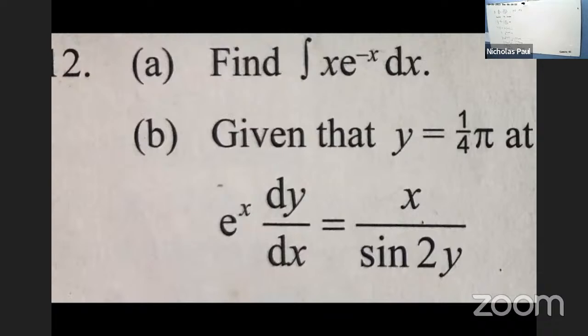The first part is integration by parts, and it's supposed to help you with the next part. Supposed to. All right.